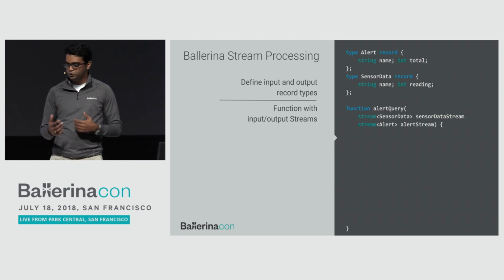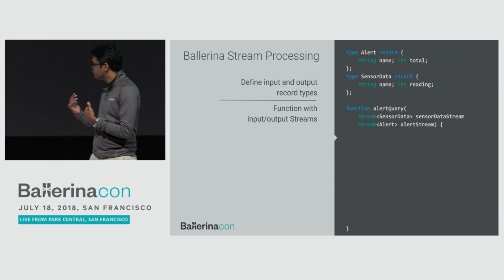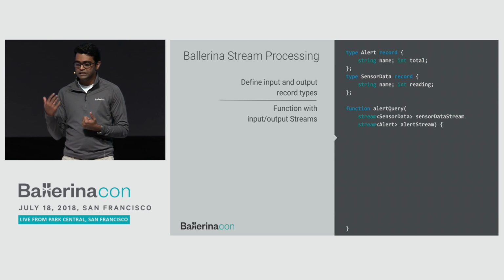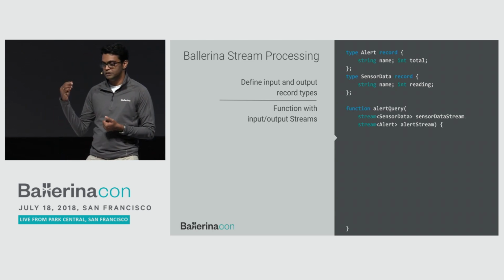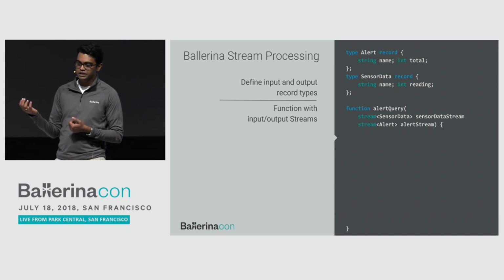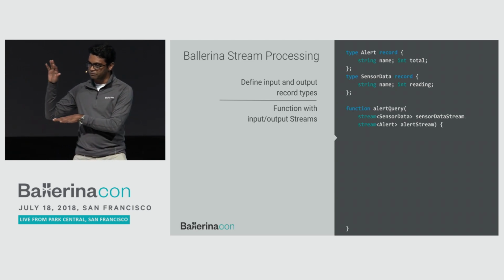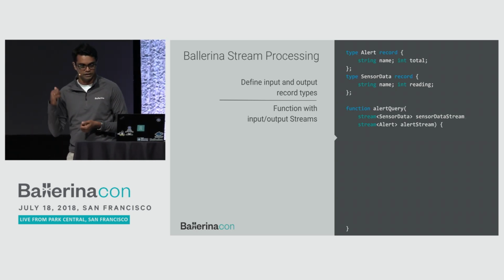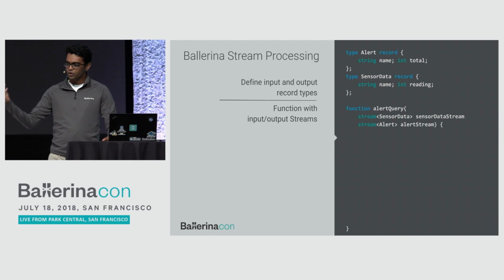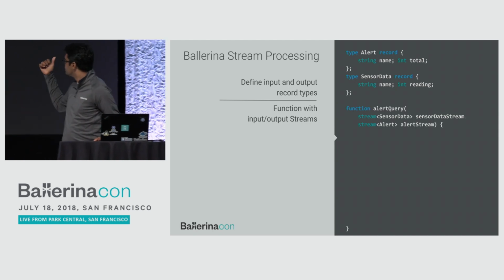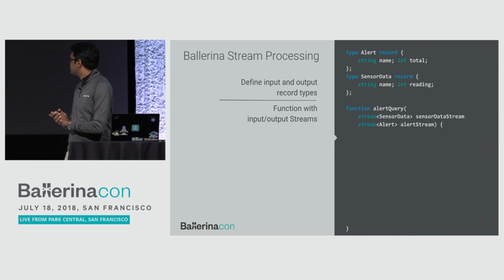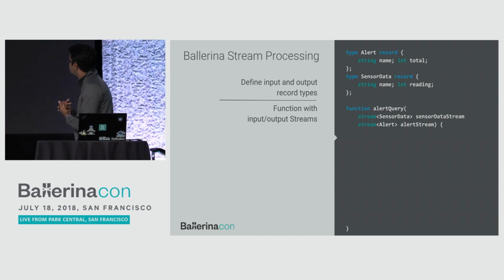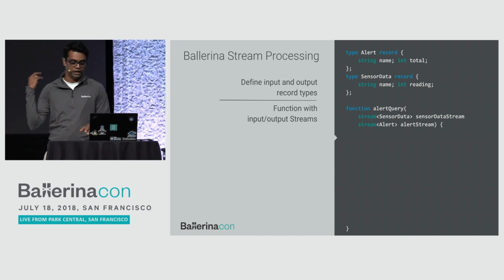Then we create a normal Ballerina function which has streams in it. These streams can be generated from the data that is coming in, which I'm not going to show in this example. When the data comes in as a stream, the first stream is the sensor data, and the output stream is an alert stream. So we have two types of streams.